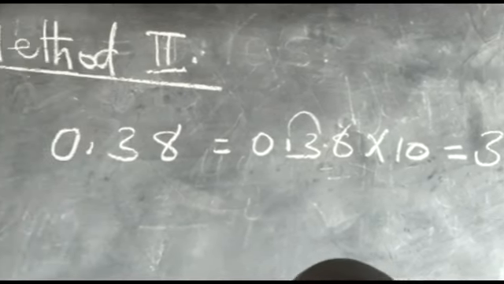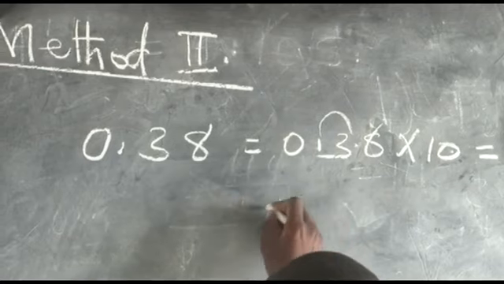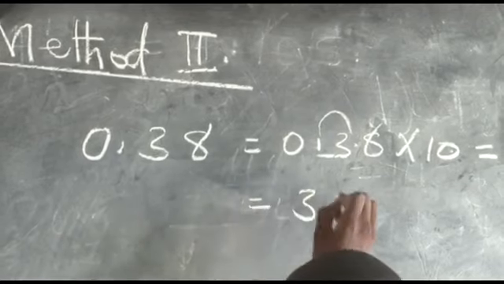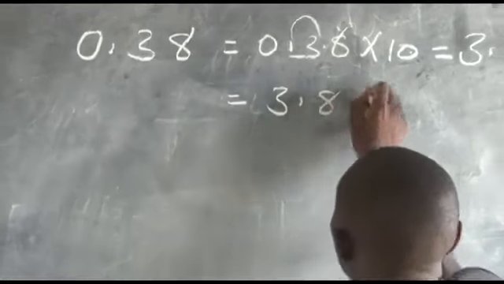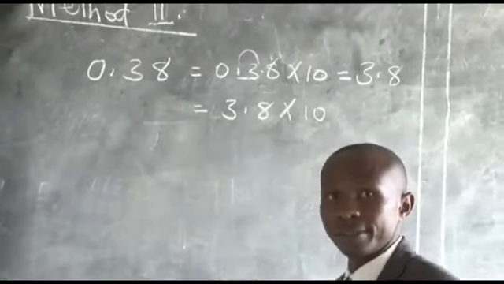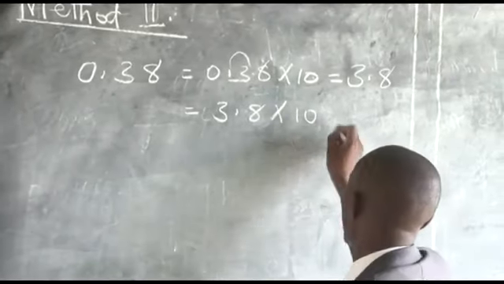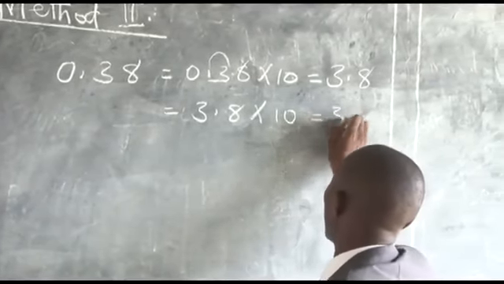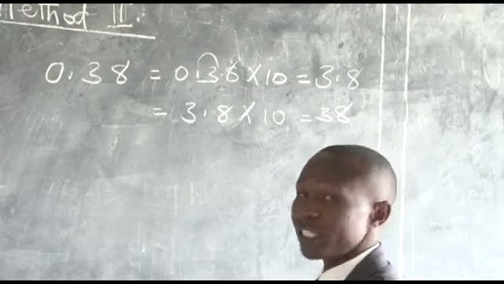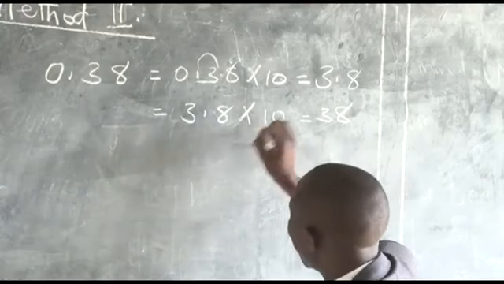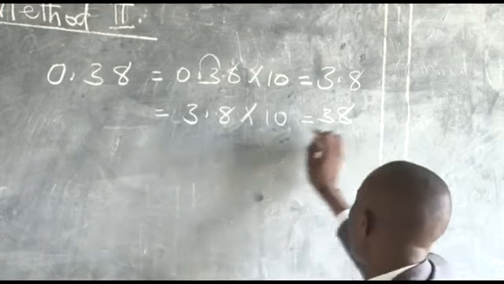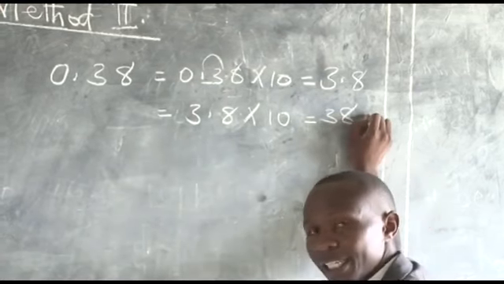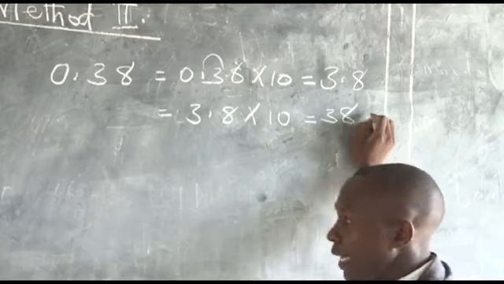Then we come here and say 3.8 times 10. It will give us 38. This 10 has shifted this decimal point up to here. Now, let's look at this.